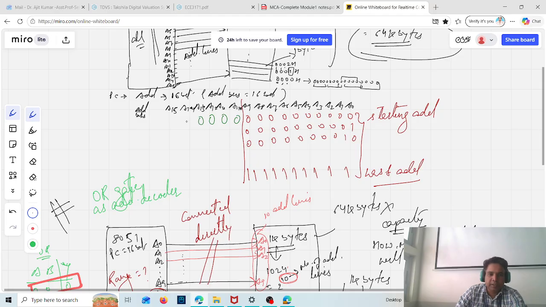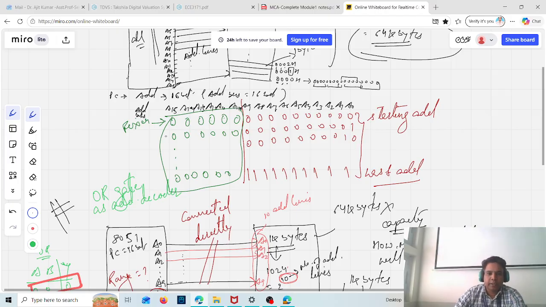Otherwise, chip selection will not be complete. So A10, A11, A12, and the others are fixed to zero, for the first address, the next address, or the last address. They are not going to change, but the other lines will be varied.